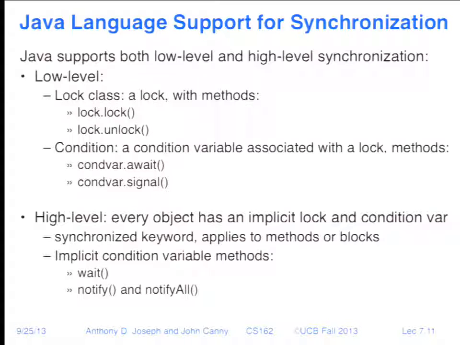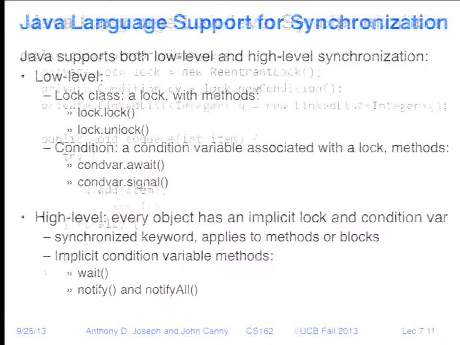Similarly, there are condition variables which are accessed through wait and notify methods that are implicitly attached to the object that's currently holding the lock. So these work apparently without any explicit connection between them. The connections are all implicit. It sounds complicated, but it's usually intuitive and very simple.